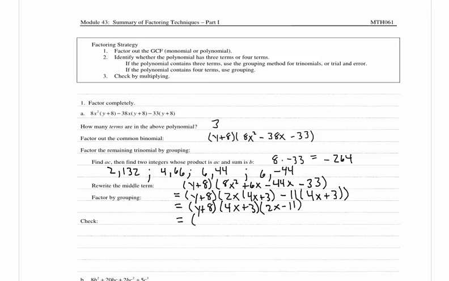So we're going to have y plus 8, and now we're going to multiply the second 2 binomials together to make sure we get back to what we started with. And we have 8x squared minus 44x plus 6x minus 33. And that is what we started with. So that problem is complete.